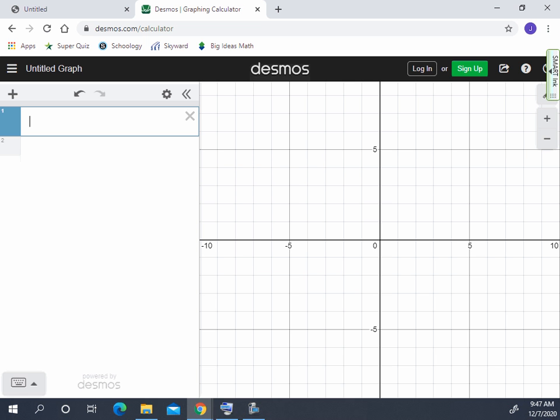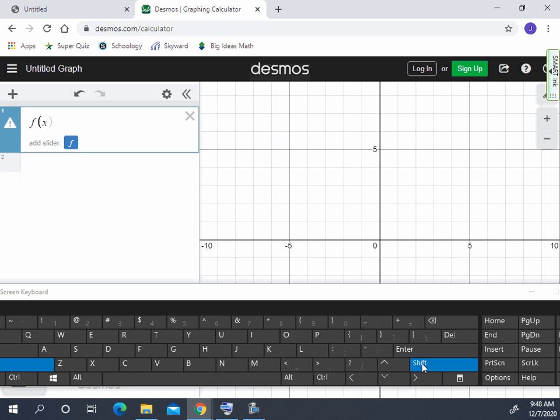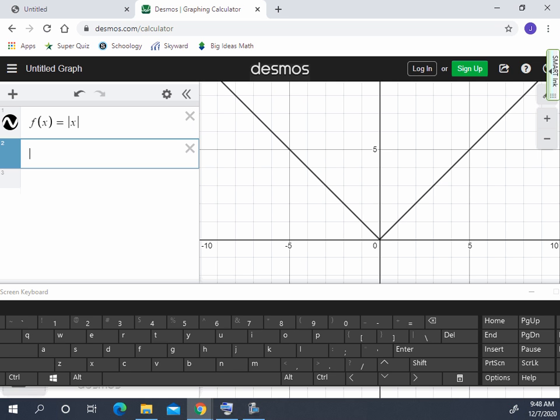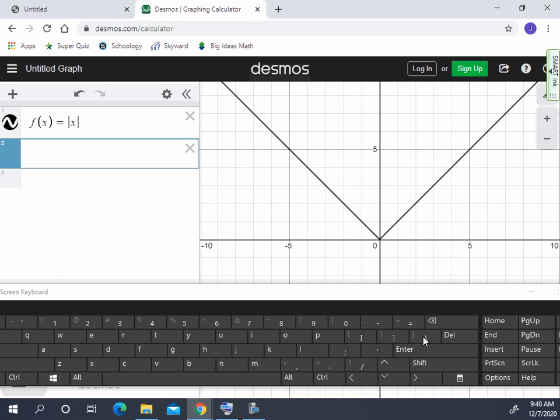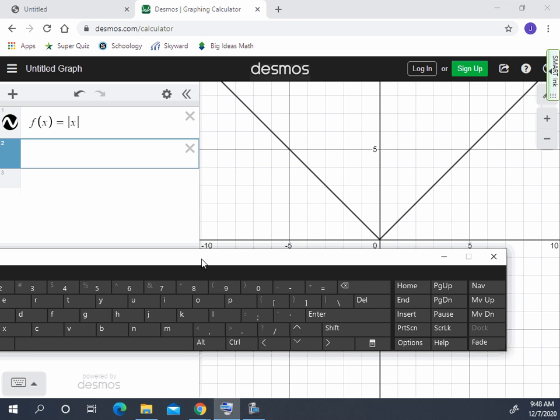First, I'm going to type in my parent function, which was f of x is equal to the absolute value of x. There's our parent function. This next function is 2 times the absolute value of x plus 1. So I'm going to move my graph here so it's a little easier for me to write.